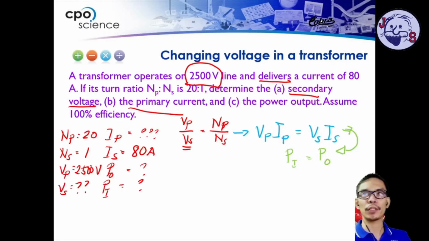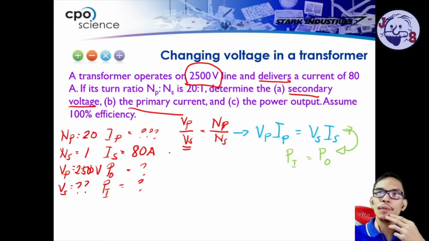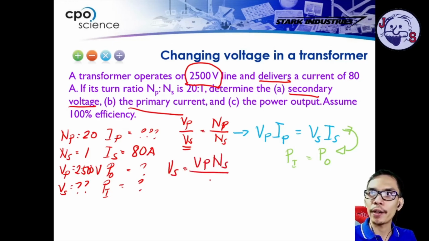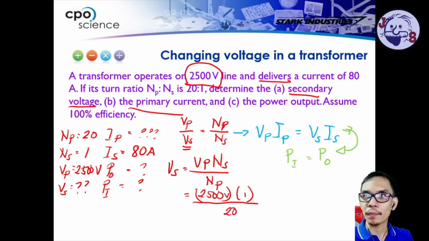finding the secondary voltage. In this case, Vs is equal to Vp times Ns over Np. So let's put those values here. 2,500 times 1 over 20.